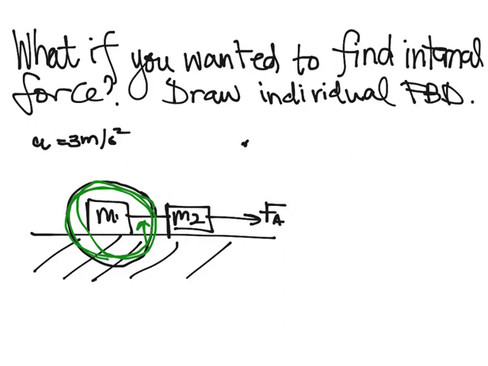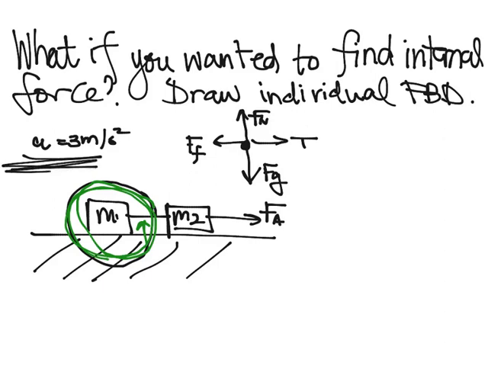Okay, so I'm going to draw my force body diagram. If we are only focusing on M1, we know that gravity's going down. Okay, we have FN going up, we have Ff going to the side, and some kind of tension going to the right.